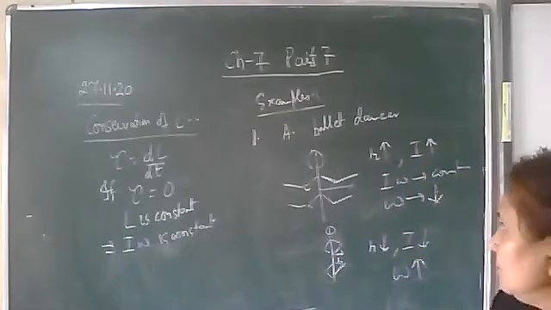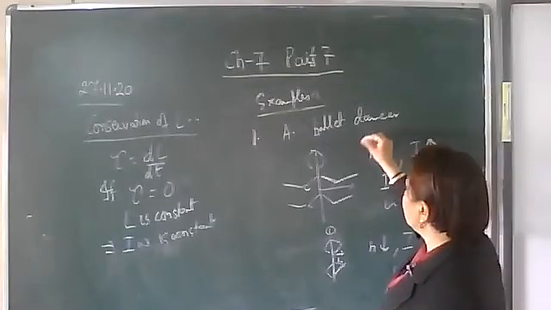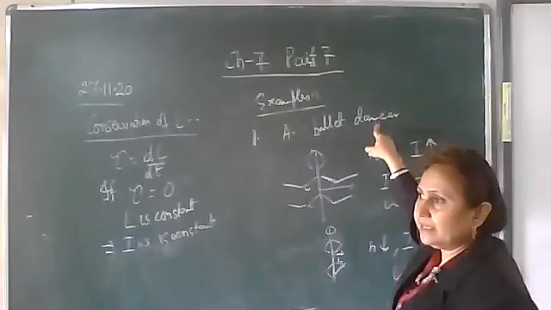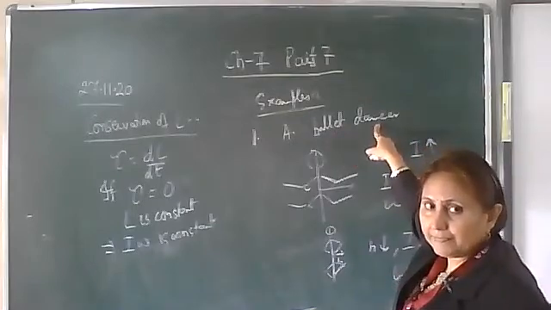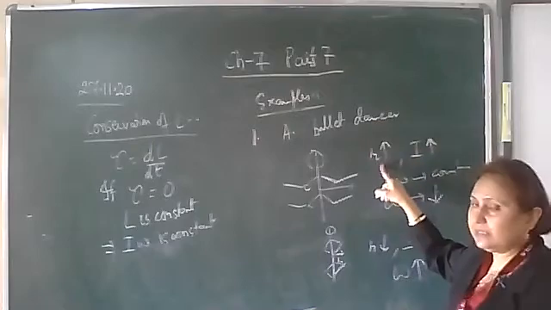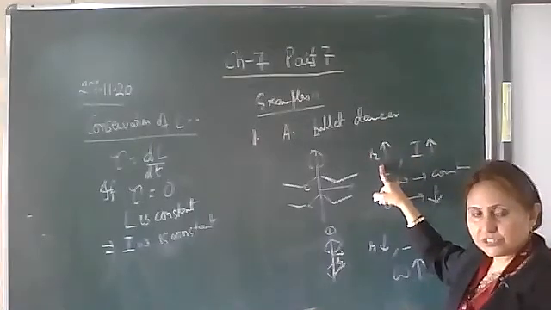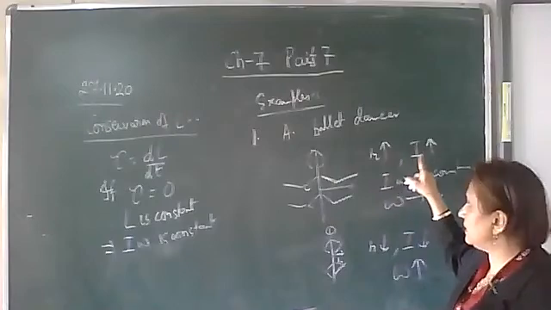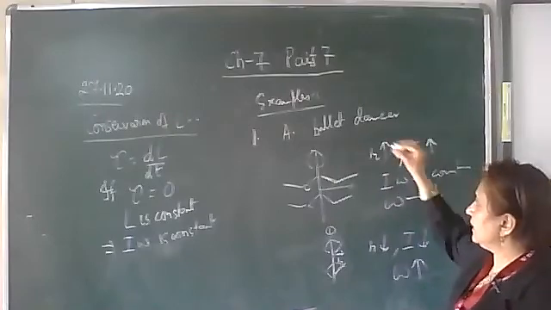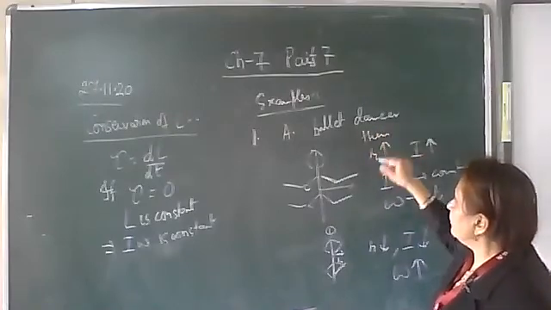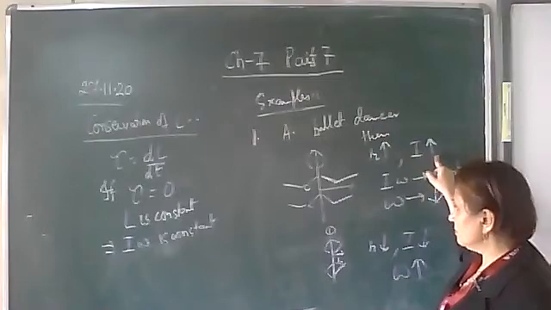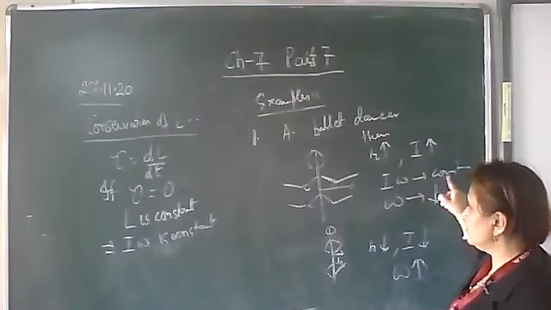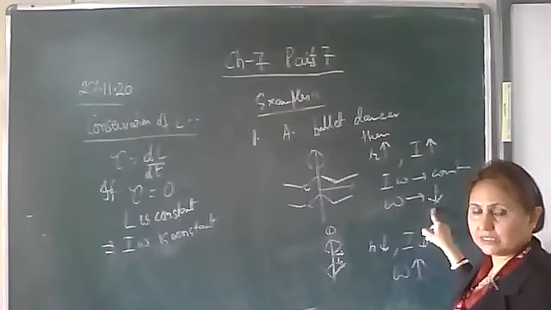So write down, in a ballet dancer while rotating, when she stretches her arms and legs, R increases, I increases, as I omega is constant, so omega decreases.